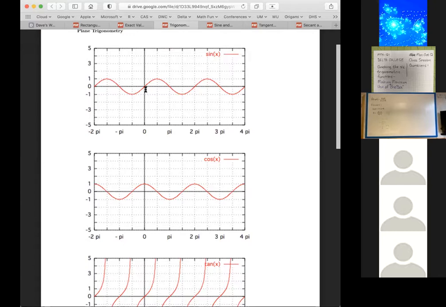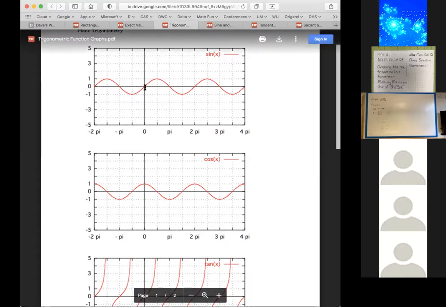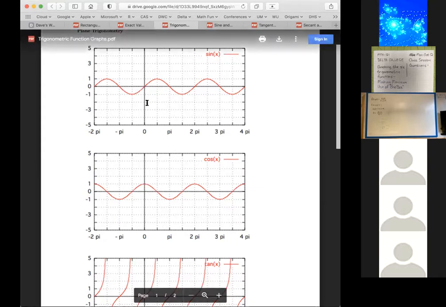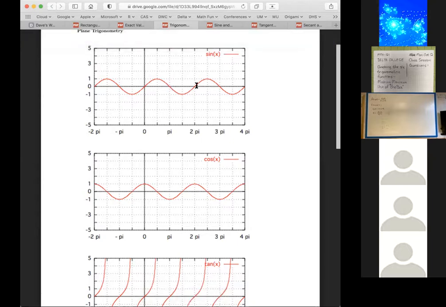The sine of 0 degrees is 0. But the cosine of 0 radians is 1. So sine and cosine follow the same gentle up and down mountain and valley, but the cosine starts at the mountaintop and the sine starts at sea level, so to speak. Sine goes up, back to middle, down, back to middle, and then it's done one cycle or one period.